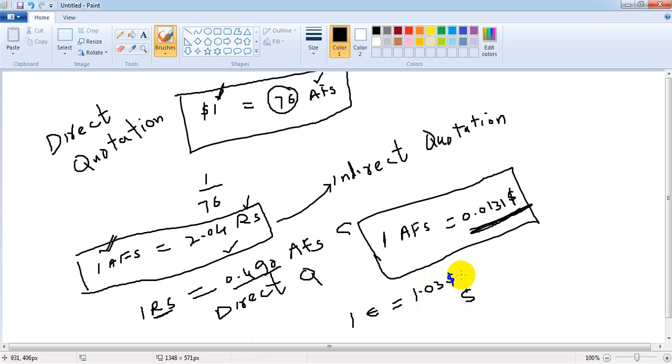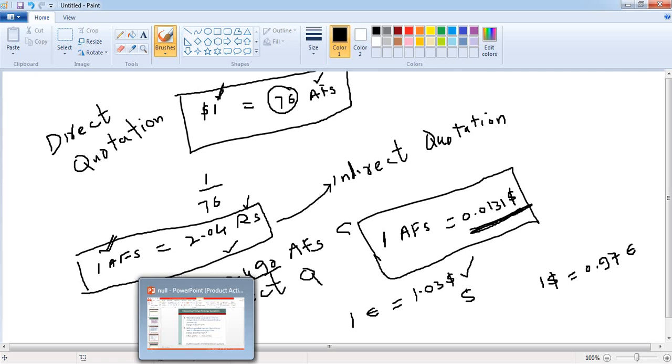Here in this example, the dollar is home currency. And 1 unit of local currency is equal to 1 divided by 1.03, so we get 0.97 euros. So this is direct and indirect quotation.